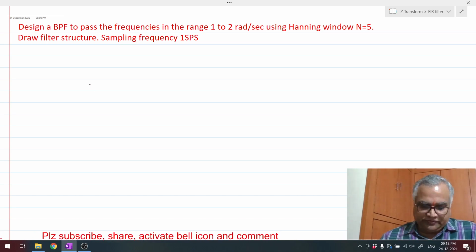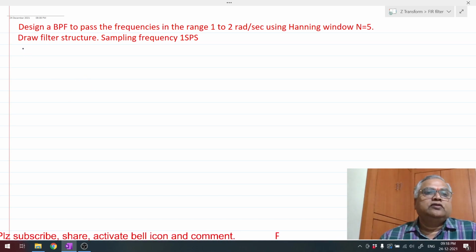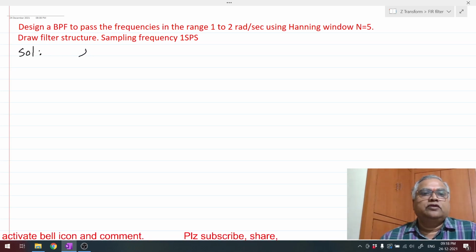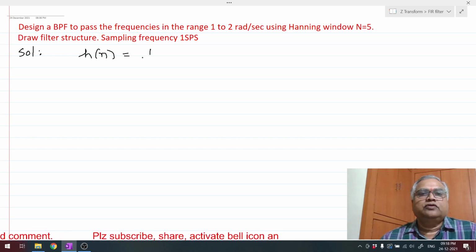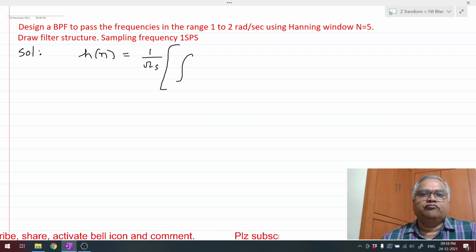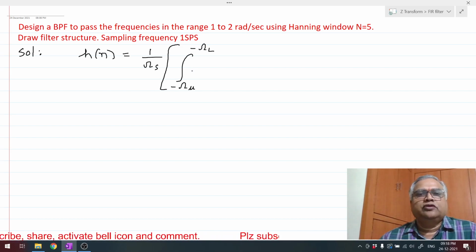So since it is a band pass filter, what is the solution? h of n equals 1 by 2 pi, but we have to integrate from minus omega u, the upper limit, to minus omega L, the lower limit.